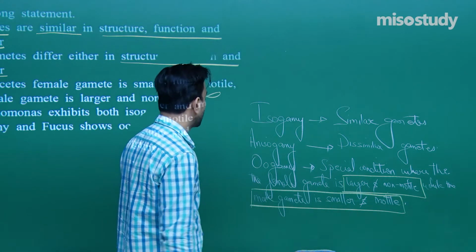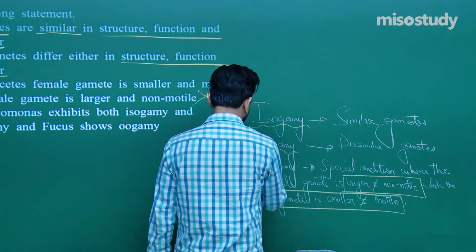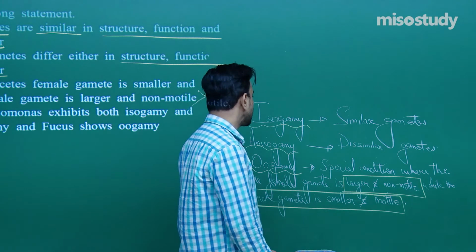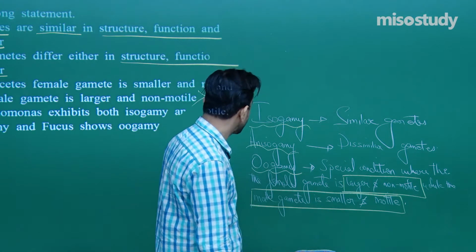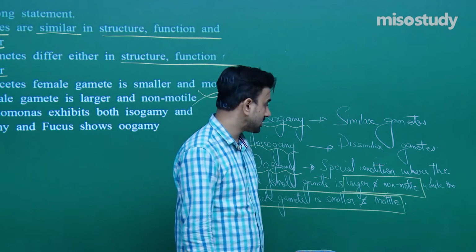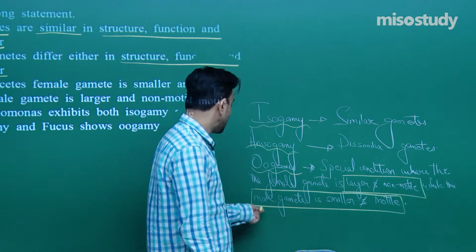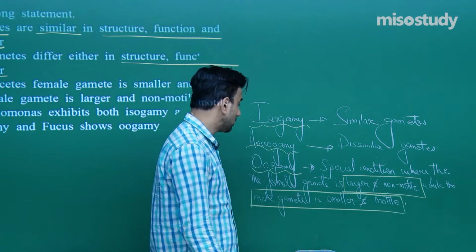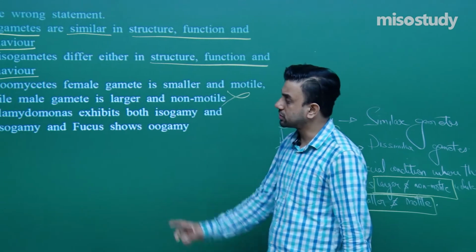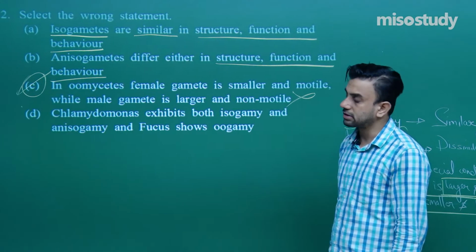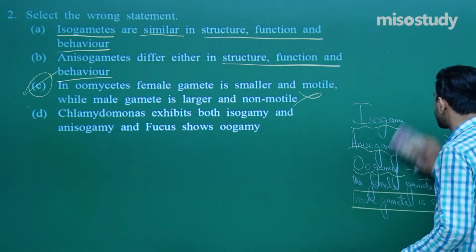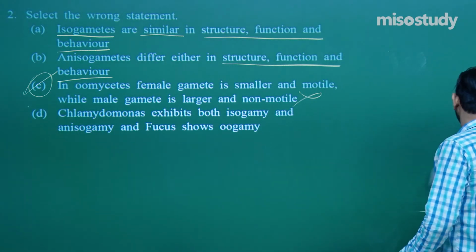What they have written is the opposite: female gamete smaller and motile. So isogamy is similar gametes, anisogamy is dissimilar gametes, and oogamy is the special condition where the female gamete is larger and non-motile while the male gamete is smaller and motile. According to this, that option is wrong, and hence it is the correct option for this particular question.